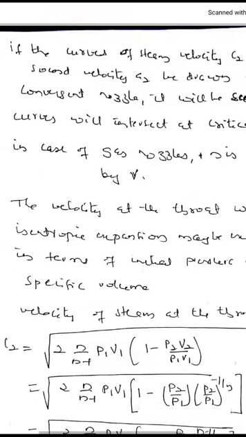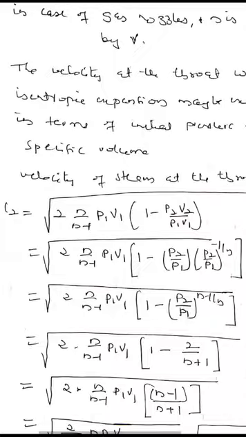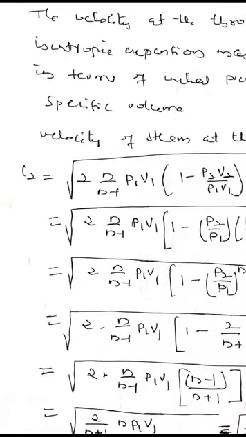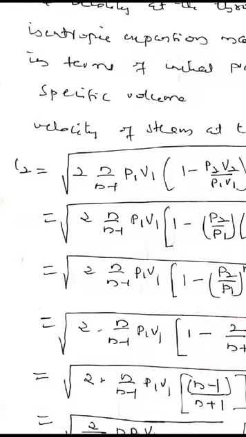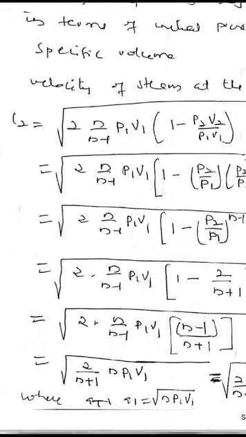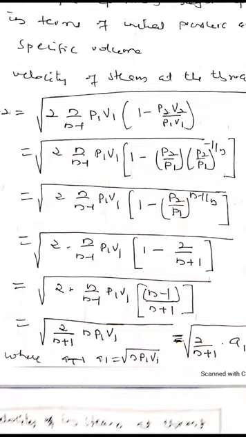Similarly, we can also express this velocity C2 obtained at the throat, or the velocity C2 obtained for the maximum discharge, as equal to root of 2n by n minus 1 P1 V1 into bracket (1 minus P2 V2 by P1 V1).